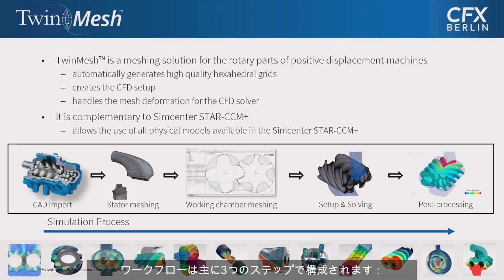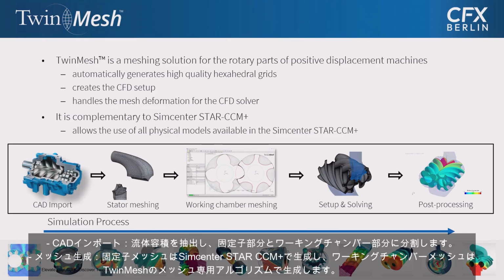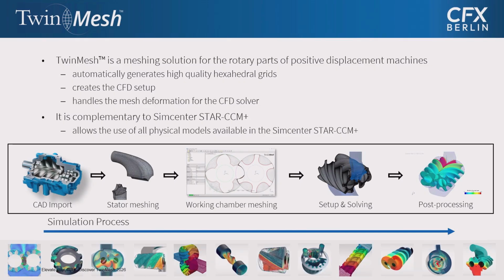The workflow consists of three main steps. First, CAD import to extract the fluid volume and divide it into stator part and working chamber part. The second is meshing, where the stator mesh is generated using SimCenter STAR-CCM+, and the working chamber mesh is generated using TwinMesh's specialized meshing strategy.